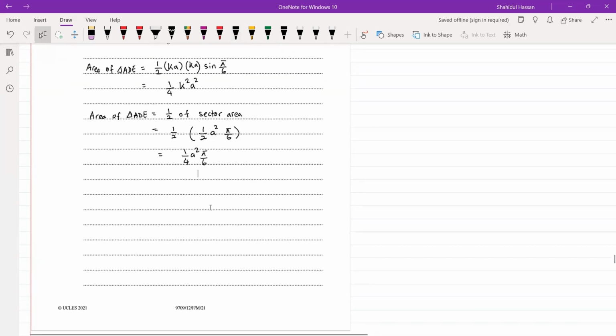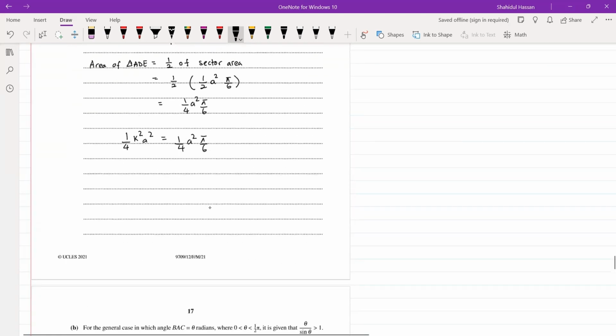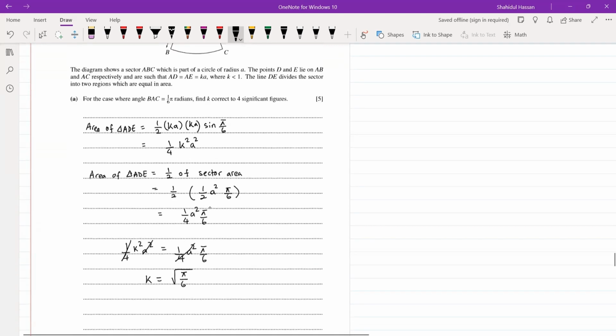Now we have the area of the triangle ADE from two different approaches, and now we can say these two are equal. So 1 by 4 k squared a squared should be equal to 1 by 4 a squared pi by 6. Now we can cancel out the 1 by 4 a squared. So I have k is equal to square root of pi by 6.